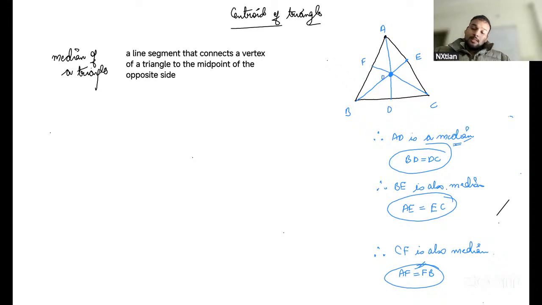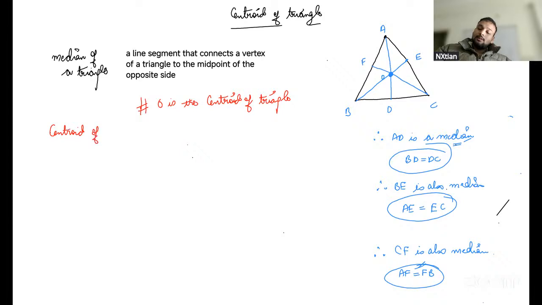So it means that O is the centroid of the triangle. What is the centroid of a triangle? I will just find the perfect definition for you guys.